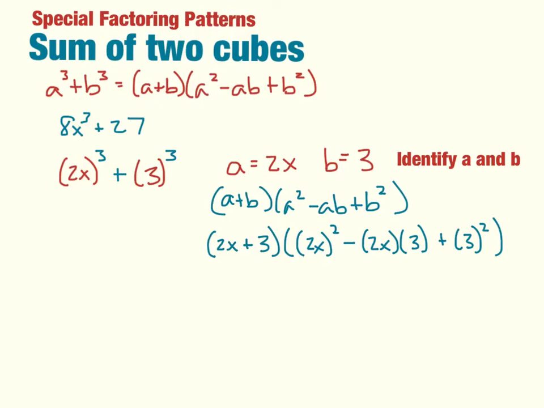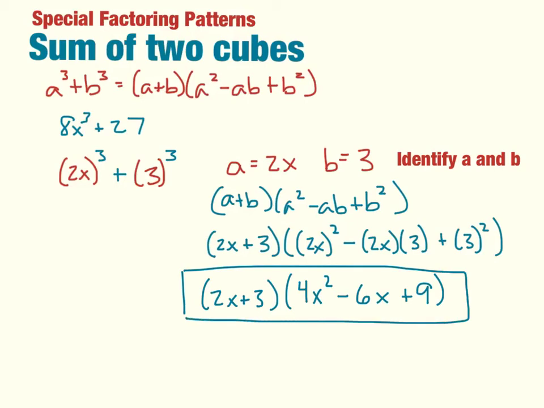It's important to remember that all of a gets squared. So I end up with 2x plus 3 times 4x squared, because both the 2 and the x were squared, minus 2x times 3 is 6x plus 9. And that's my factored version.